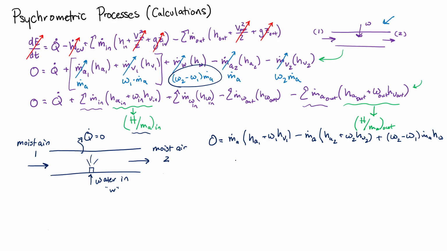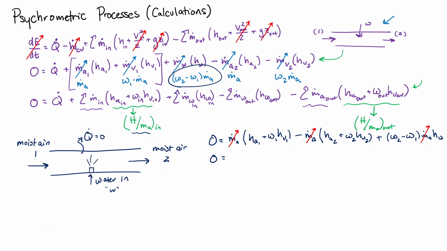And if I wanted to, I could also write this without these m dots, because all of the m dots are m dot air. They're all going to cancel out. So since I do not have a Q, I can just cross each of these pieces out, and divide the entire thing by the mass flow rate of air, if I so chose.